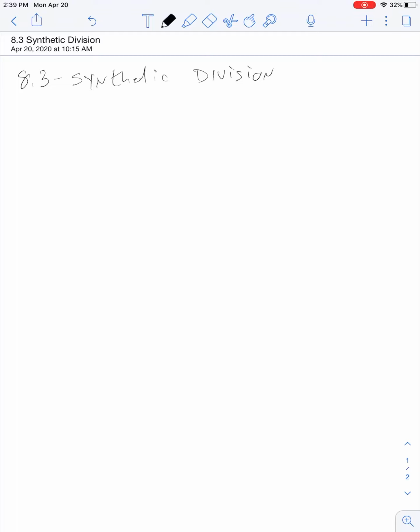Okay, so in this section, we're looking at synthetic division. So I'd like to start off by taking a look at this example here. H of x equals x to the third plus 2x squared minus 5x minus 6.